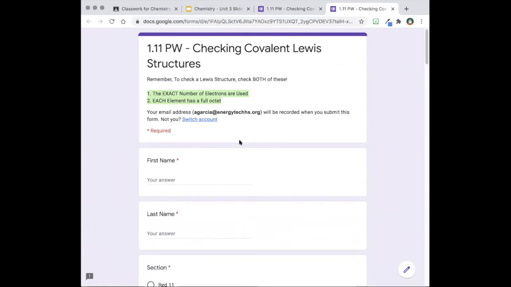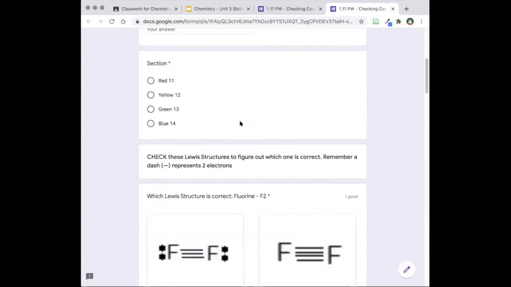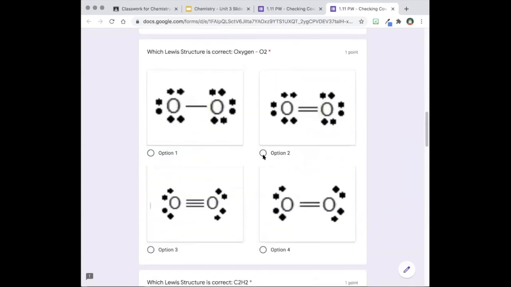Okay, I am not expecting 100% accuracy with this. This is just practice for you all to see if you can start to analyze these pictures and decide which ones are more correct than others. You're going to get your score immediately after you do it, so you can check your work, and we will go over these more tomorrow.